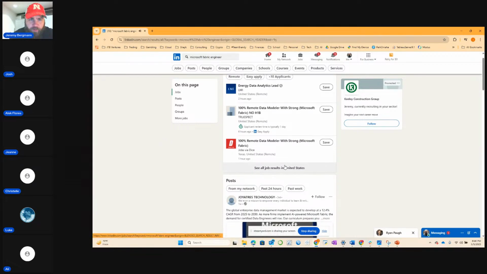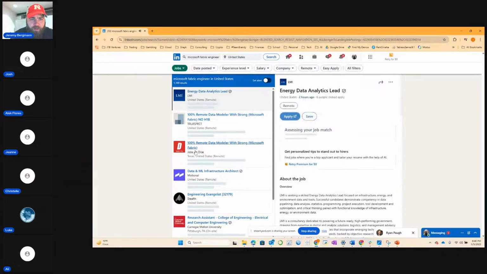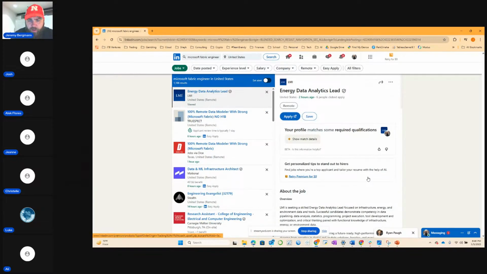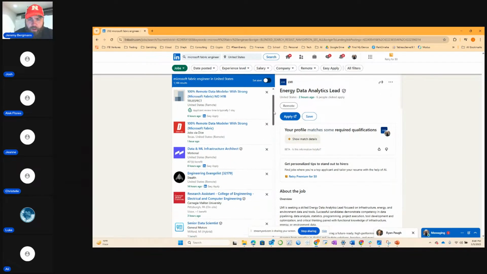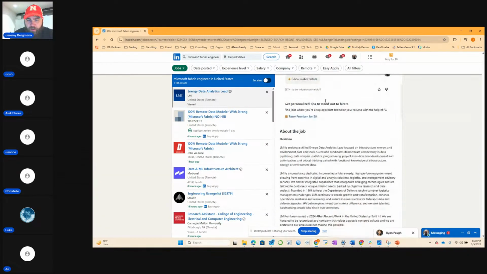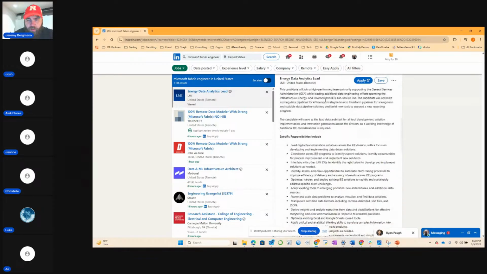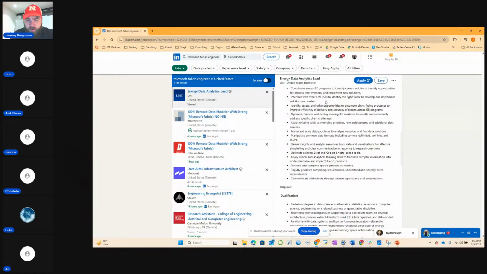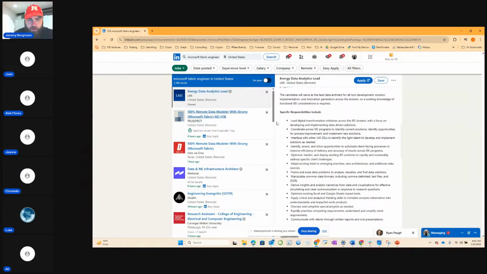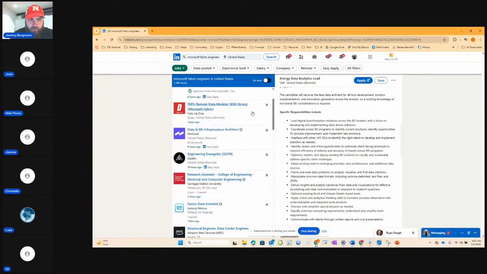See all job results in the United States. I don't know how many companies are using Microsoft Fabric yet. If you're like a lead and they already have the platform, if you do data modeling, you do data warehousing.